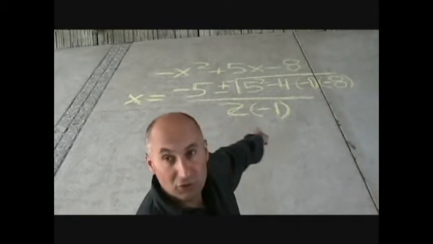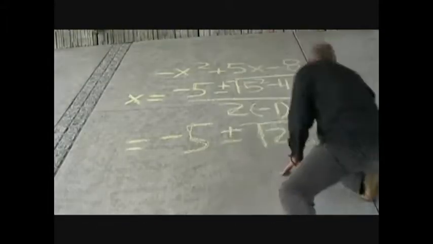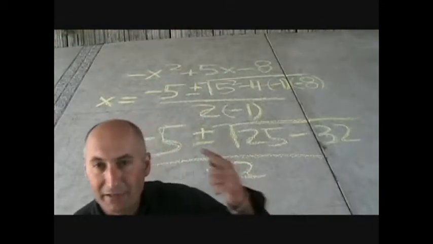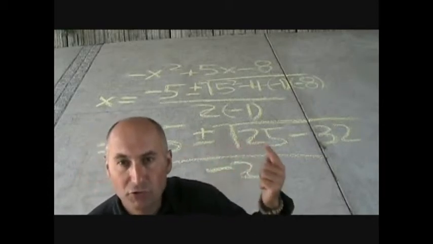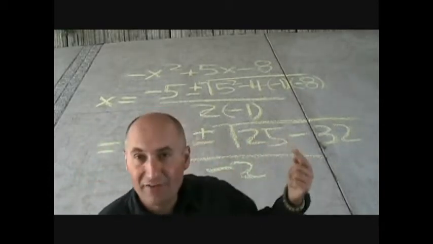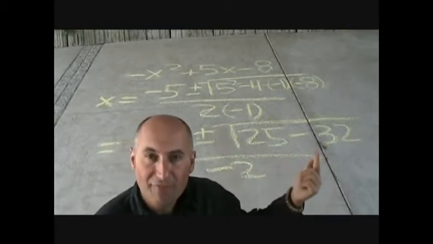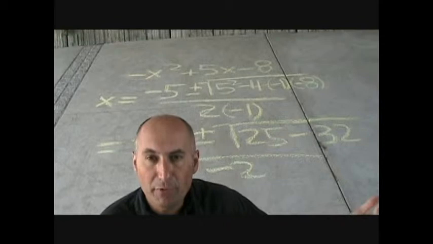And at the bottom, we got 2 times negative 1. So what we got right now is negative 5 plus or minus the square root of 25 minus 32 divided by negative 2. Now 25 minus 32, that's a negative number, right?